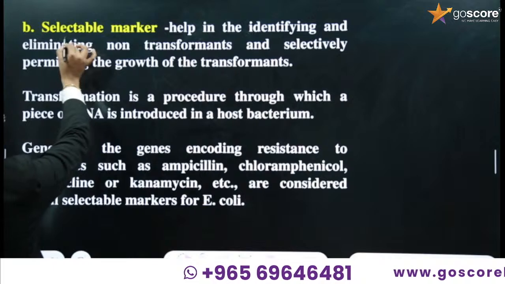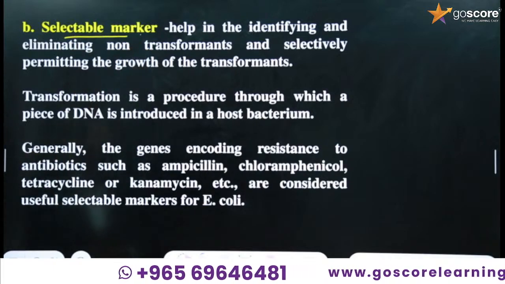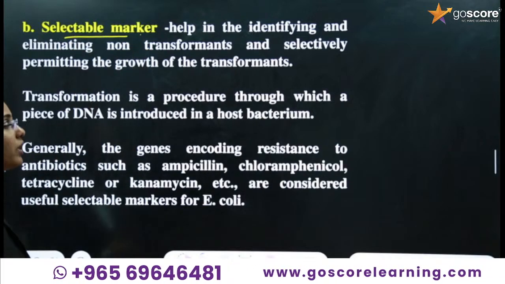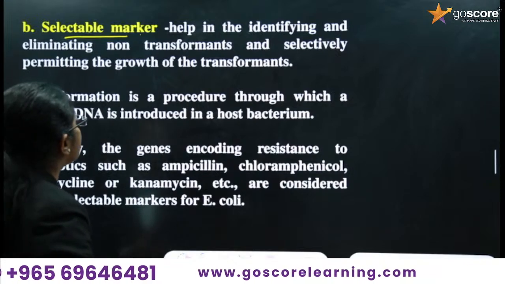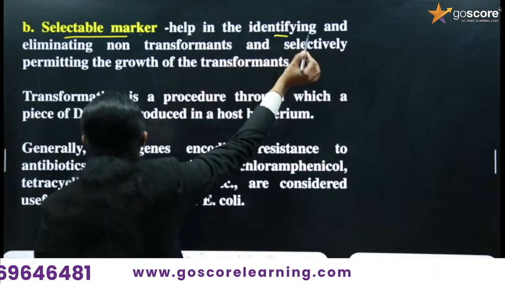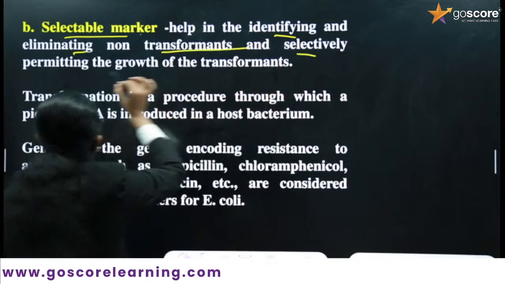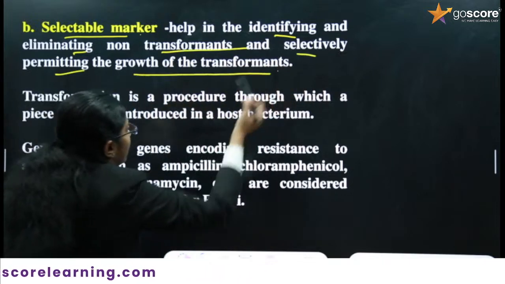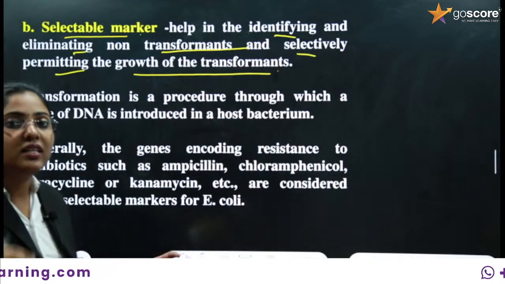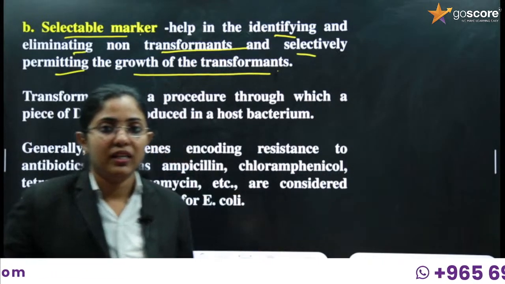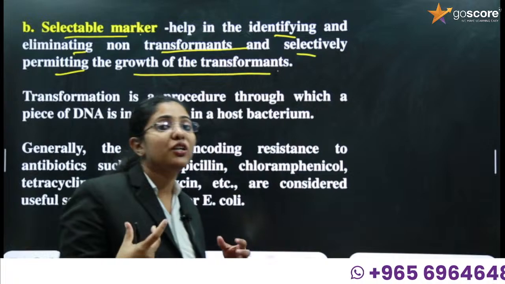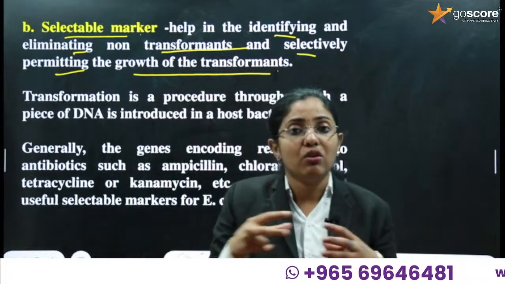it should have selectable markers. What is the function of selectable markers? Selectable markers help in identifying and eliminating non-transformants and selectively permitting the growth of transformants. See, when we are integrating something into the plasmid DNA, it should have the ability to recognize the transformants and non-transformants.